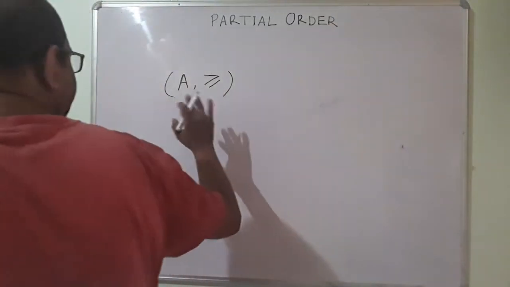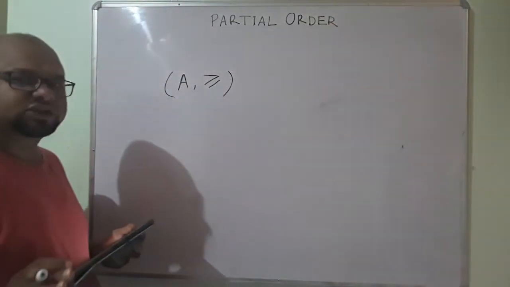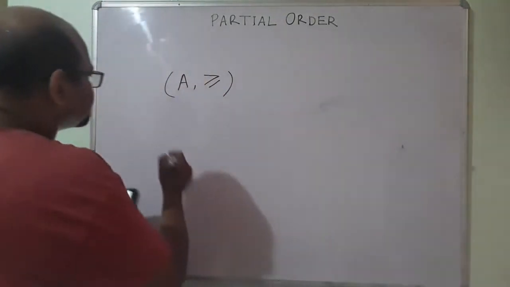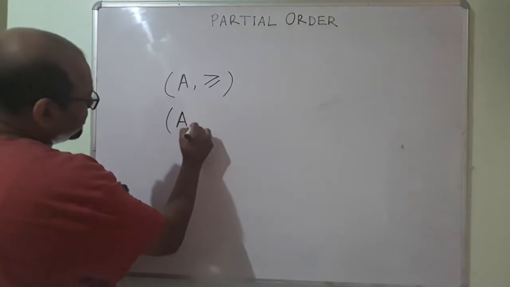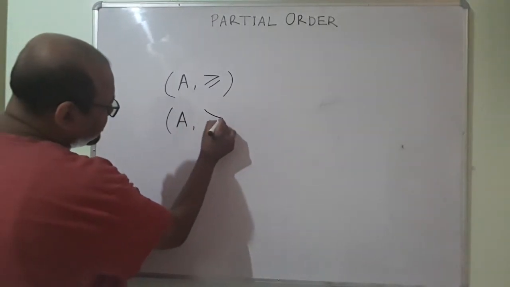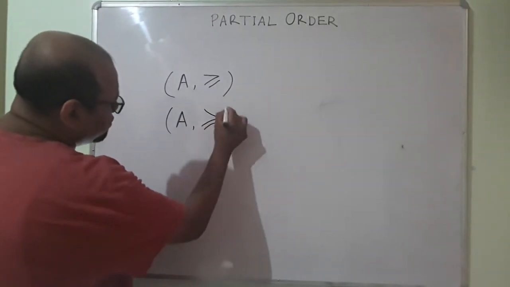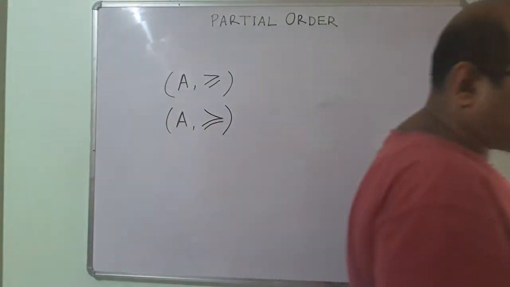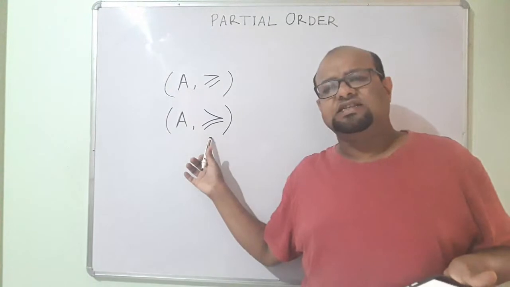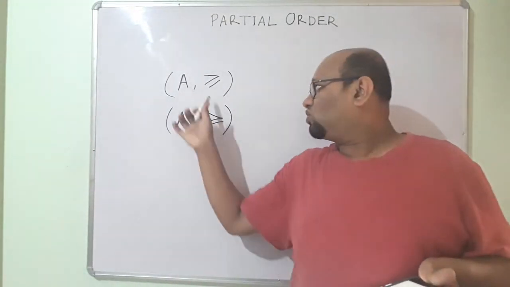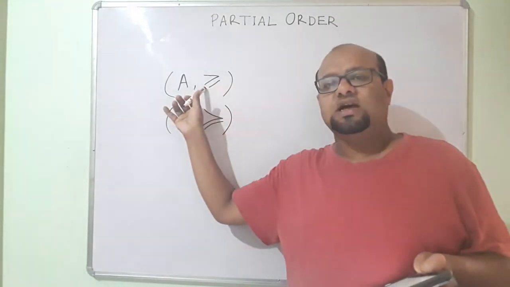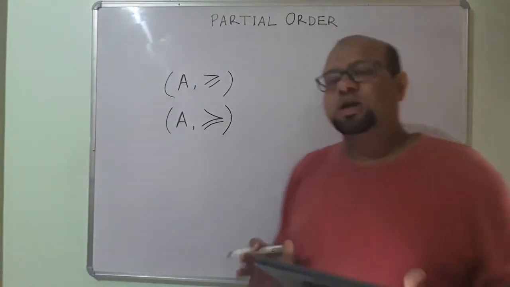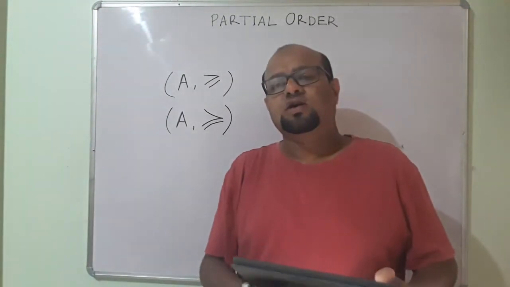Now this is very specific. When we talk about poset, we want to talk in general, so we will use another symbol. It looks like greater than or equal to, but it is a different symbol, a very generic symbol. It looks like greater than or equal to because greater than or equal to is a very common example that we use to denote poset.